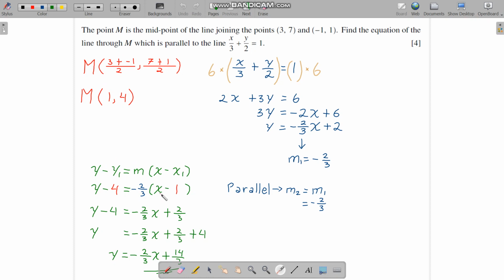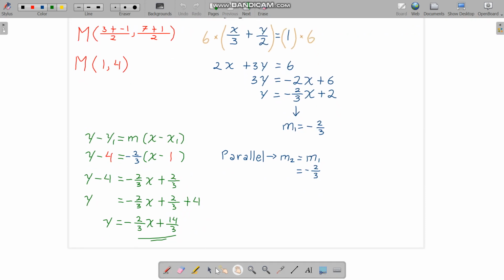For the point we use 1, 4, the gradient minus 2/3, and now we expand minus 2/3 times x minus 1, and then we add 4 to both sides, and then we simplify using a calculator. 2/3 plus 4 is 14/3, so this is the final answer.